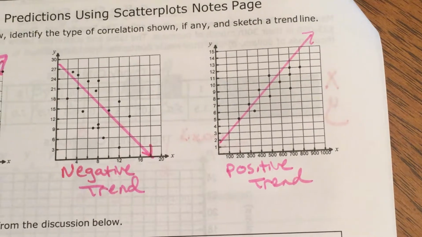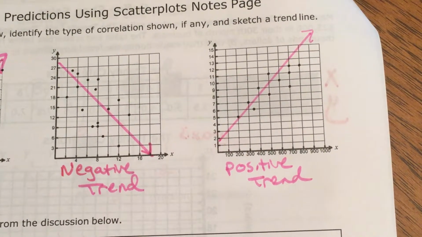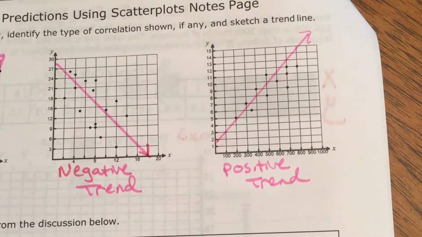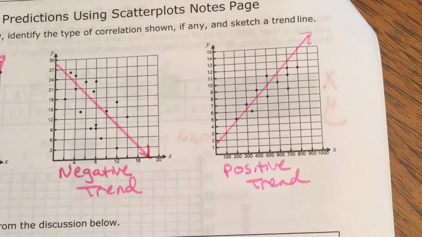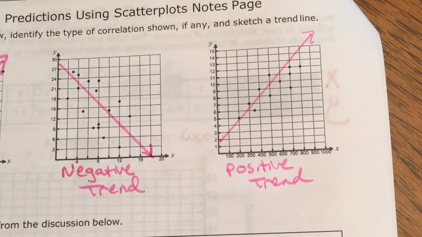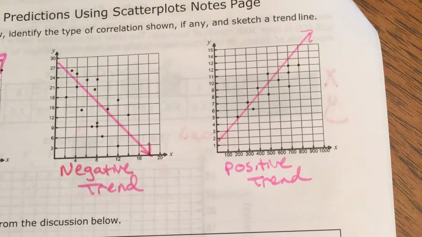I bet you could have figured that one out on your own. There is also such thing as no correlation or no trend. That is where the points are just splattered everywhere across your graph and there's no general direction of where they're heading. Okay? So let's talk about what a correlation is.